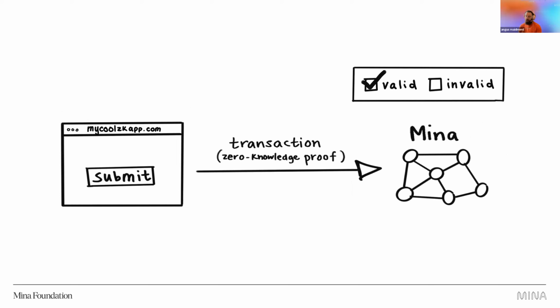Now the nodes in the Mina network will say, okay, this person is using that ZK app. That ZK app has this address. Here's the verification key. So you as the developer build your app and send the verification key to the network. Now the user generates the proof, and then the nodes on the network check whether that proof is valid or invalid using the verification key that you stored.